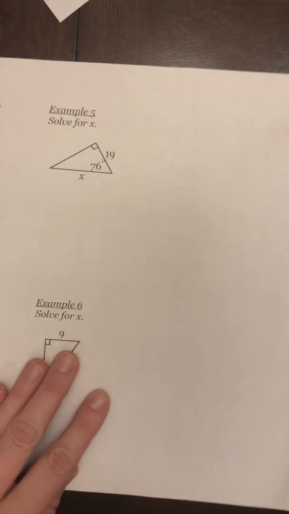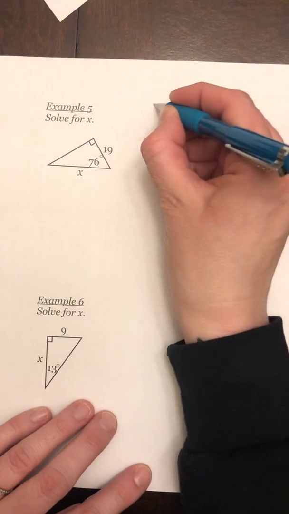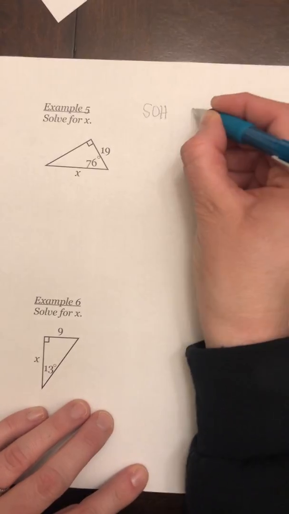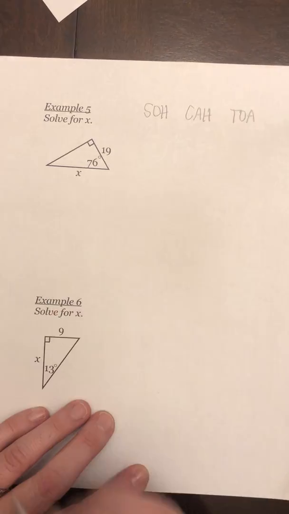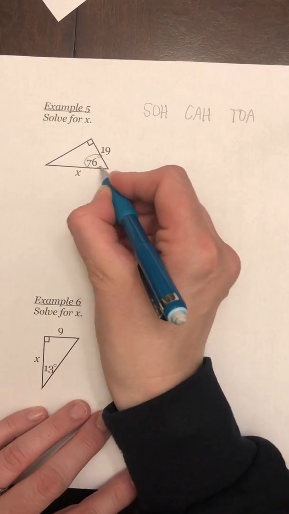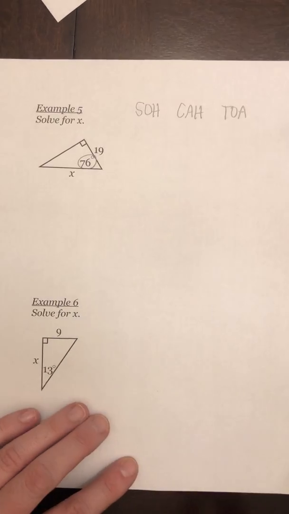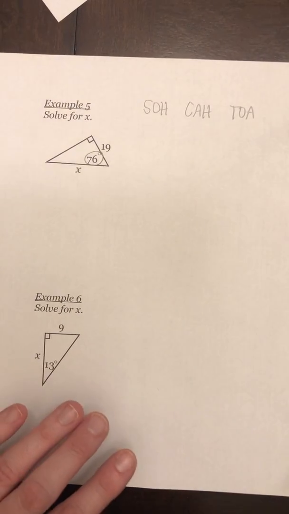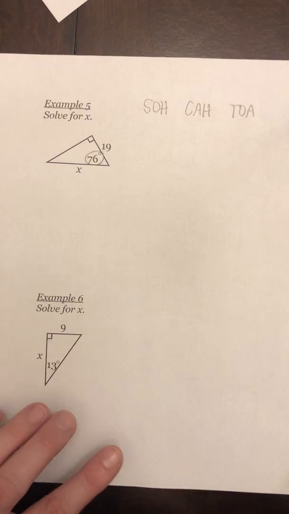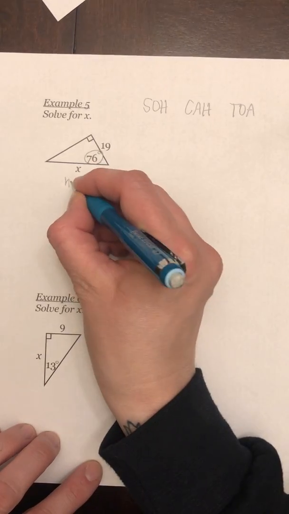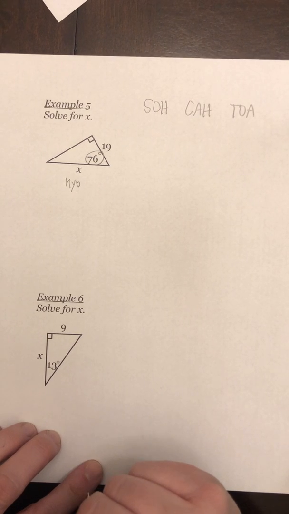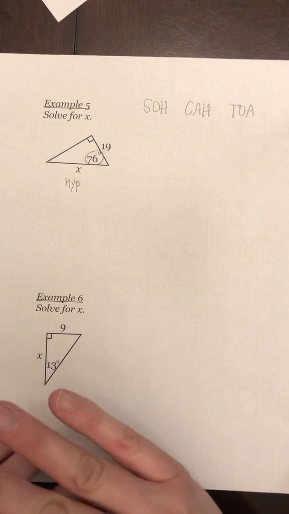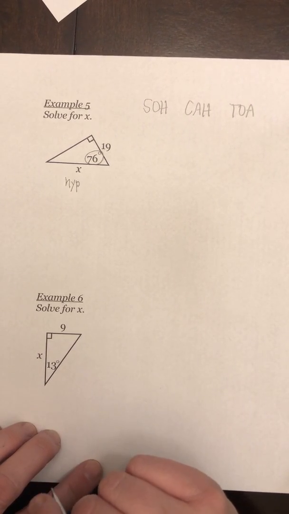All right, example 5. Again, I'm going back to SOHCAHTOA. I'm going to look at this 76-degree angle. The X is across from the 90-degree angle, and that lets me know that that is the hypotenuse. The 19 is one of the legs, but it's not across from the 76-degree angle, it's actually touching it.